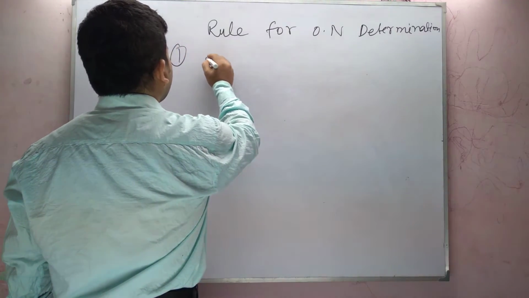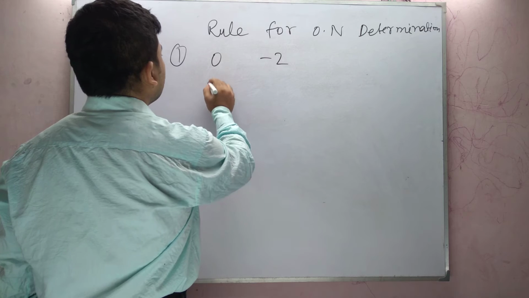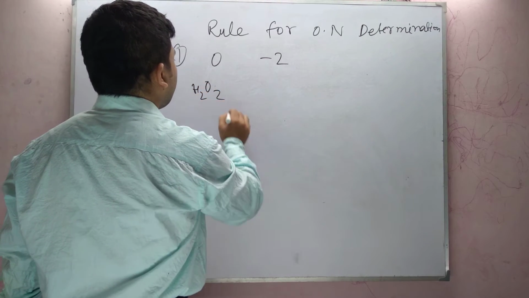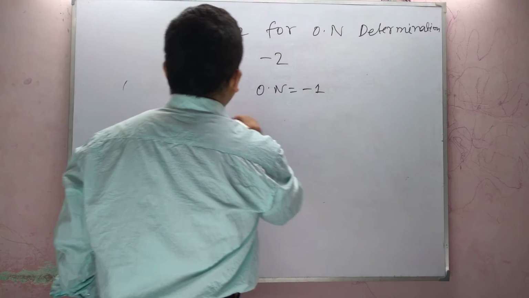Other rules: for oxygen, the oxidation number is -2 in most cases, but in H2O2, a peroxide-type compound, the oxidation number is -1.